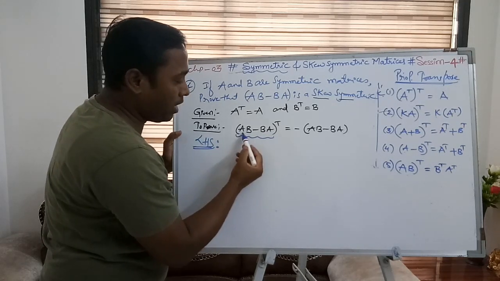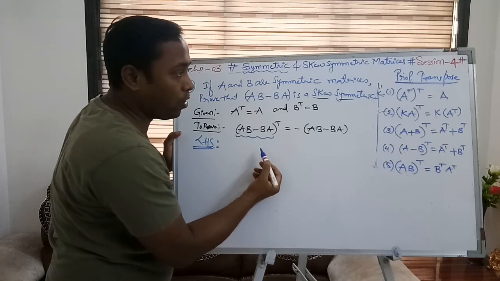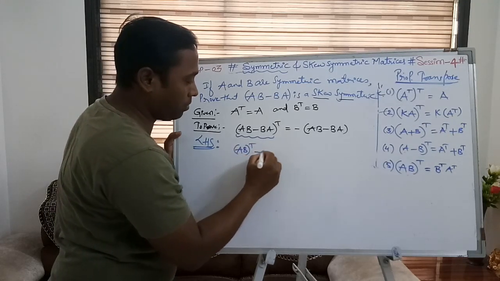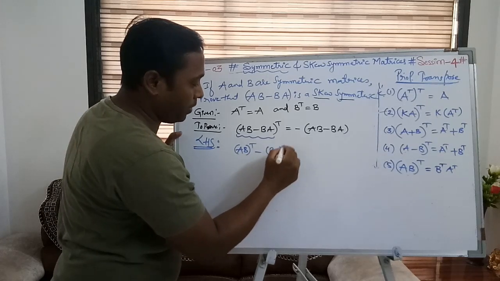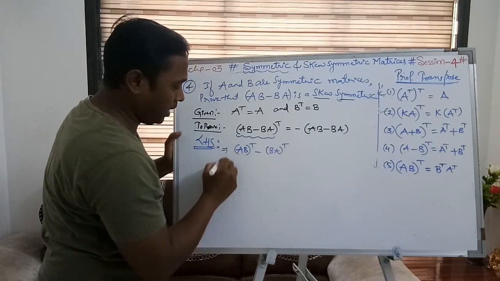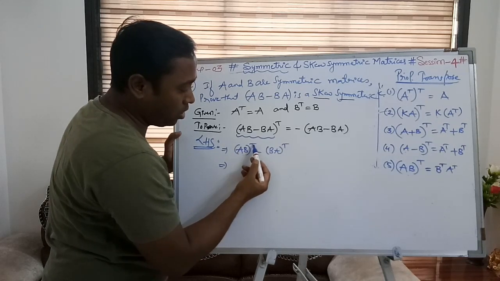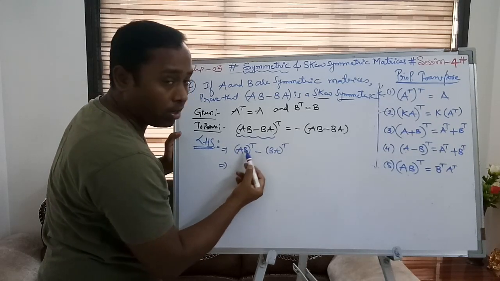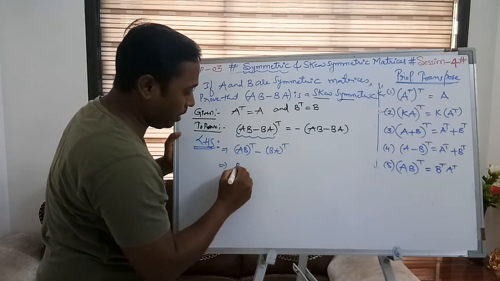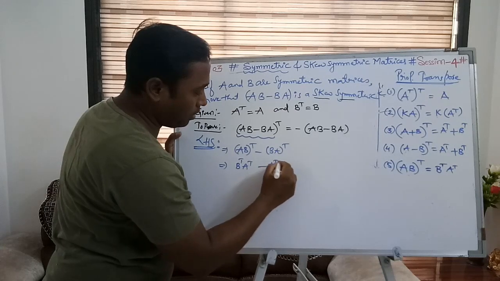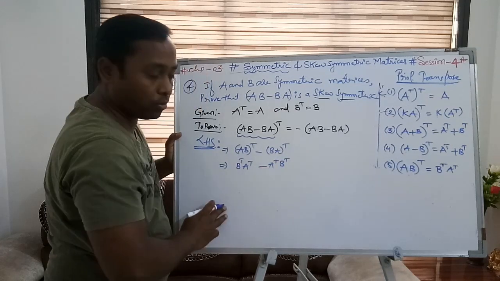So I can apply the property A minus B whole transpose, so it can be written as A transpose minus B transpose. Correct. But here, for the product of two matrices whole transpose, by the reversal law, we will open this. It will be B transpose into A transpose. It will be A transpose into B transpose.